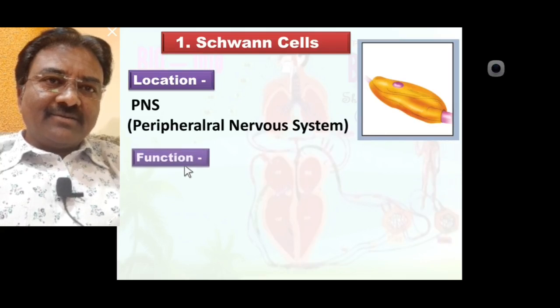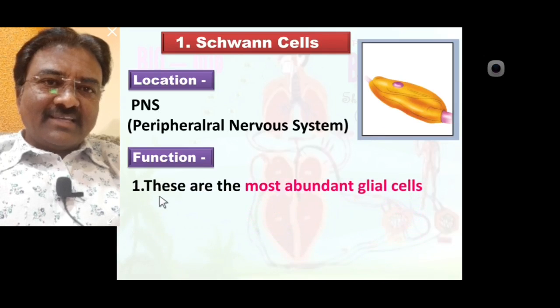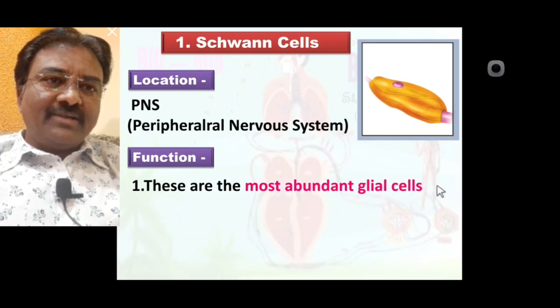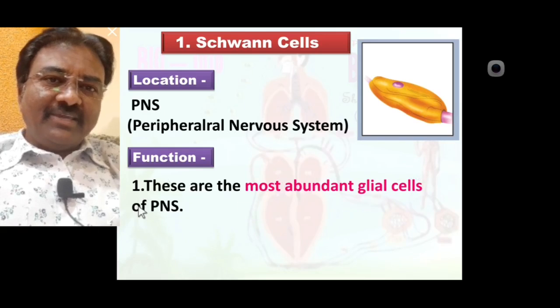What are the functions of Schwann cells? Number 1, Schwann cells are the most abundant glial cells present in the PNS.